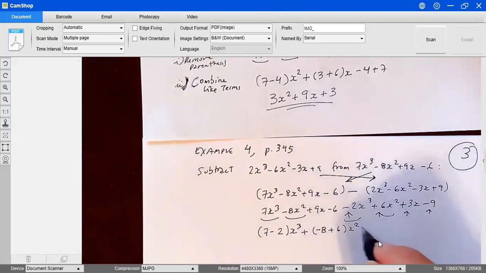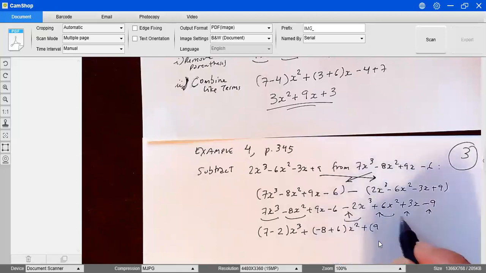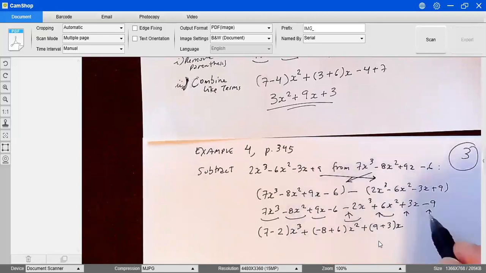Then we have coefficients for x, which are 9 and 3. And finally, we are ending up with negative 6, negative 9 for the constant terms.